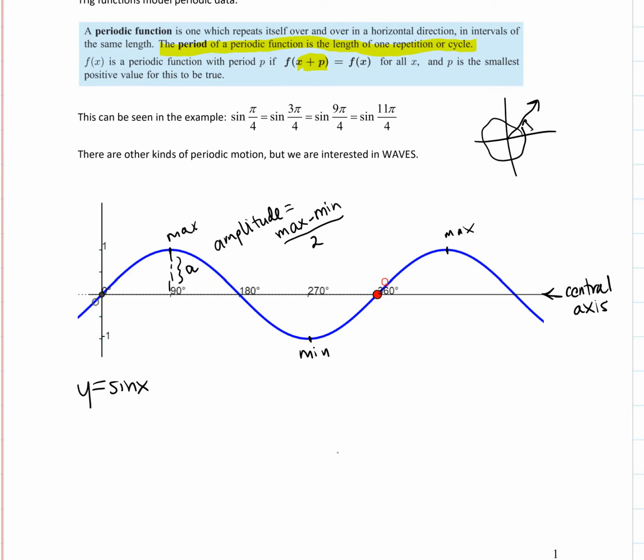There's also then the period. Notice this is a graph of about a period and a half. A period here, if we're starting at 0, we would go up, go back through 0, go down, and then end at 0. So this is the distance of one period.